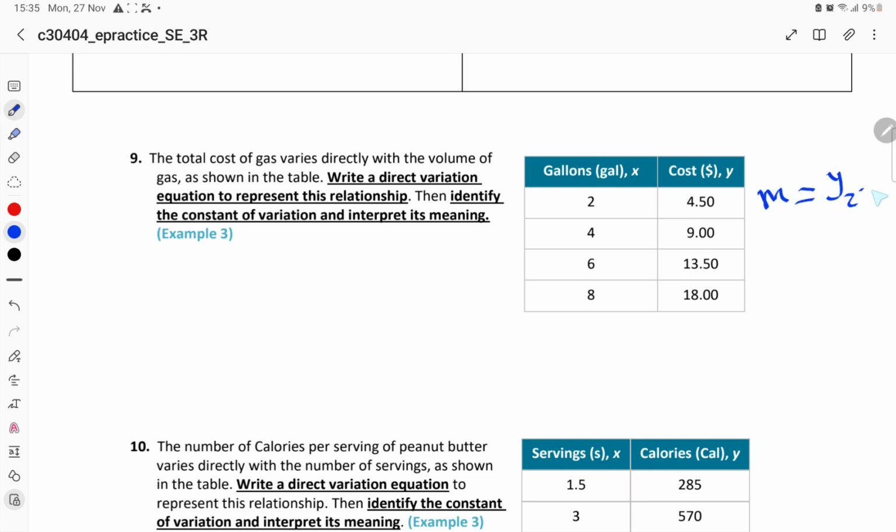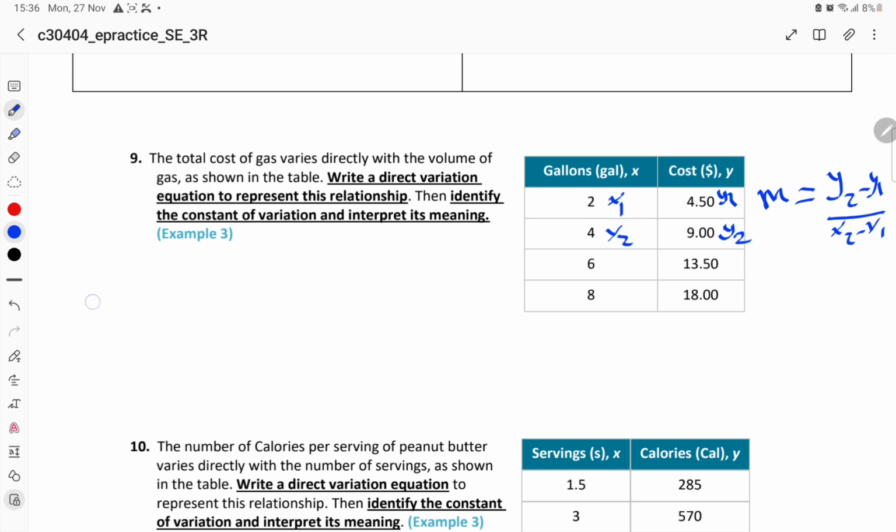It is y2 minus y1 over x2 minus x1. Here this is y, the number of dollars, and x is gallons. So here are x1, y1, x2, y2.